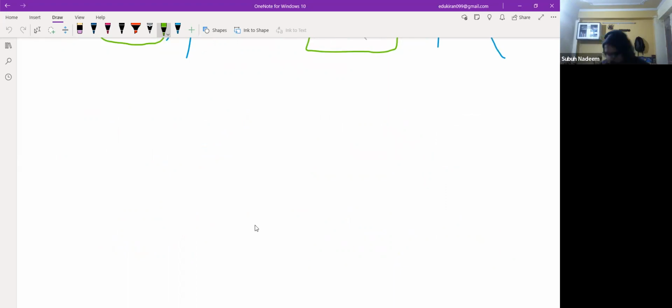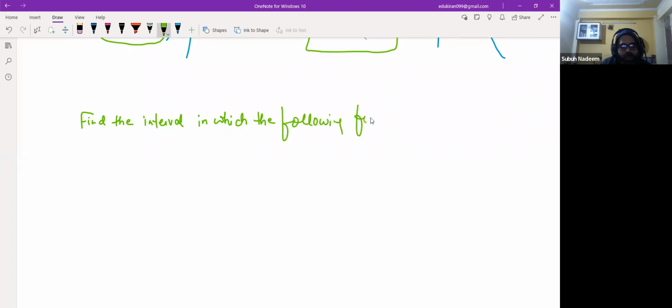So there's a question like this: find the interval in which the following function is strictly increasing or decreasing.